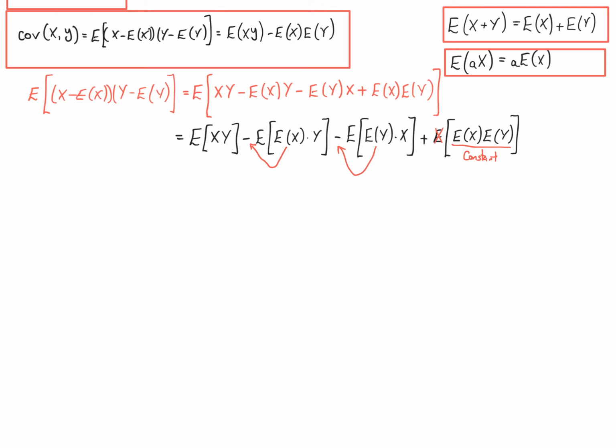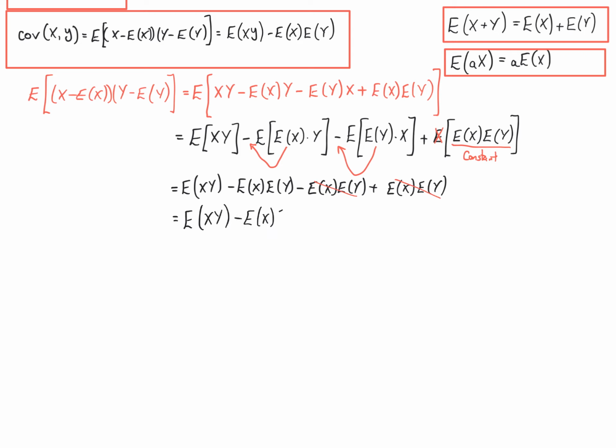So this equals the expectation of xy minus the expectation of x times the expectation of y, minus the expectation of x times the expectation of y, plus the expectation of x times the expectation of y, and two of these terms cancel, leaving the covariance between x and y equal to the expectation of xy minus the expectation of x times the expectation of y.